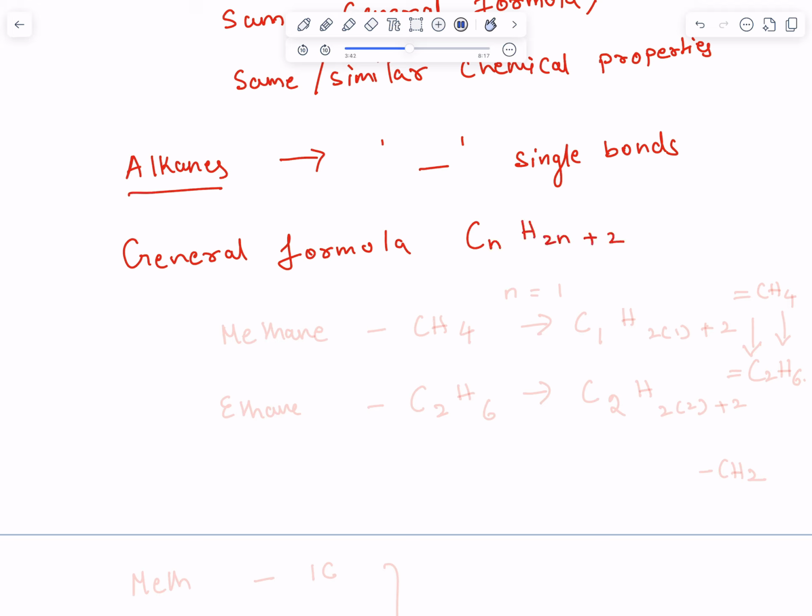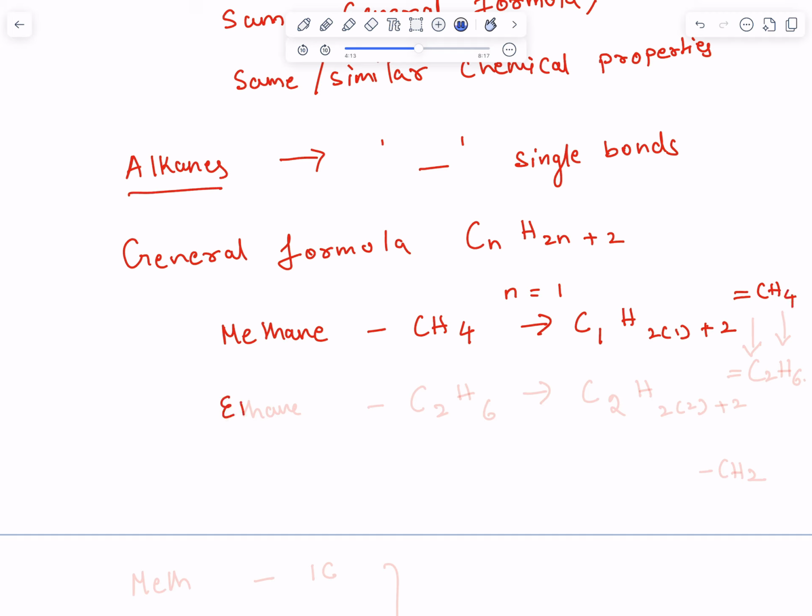For example, the first alkane with a single carbon is methane. So methane's molecular formula is CH4. So 1 carbon, and as I explained in the last video, n stands for the number of carbons. So C1, H, 2 times 1 plus 2. So therefore that's CH4.